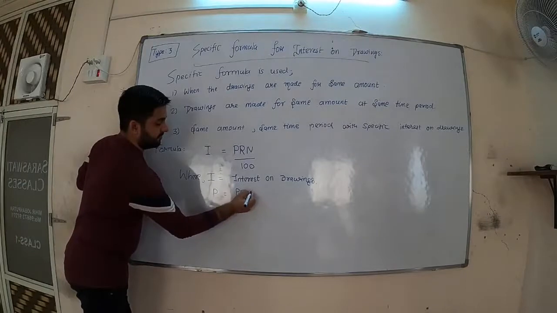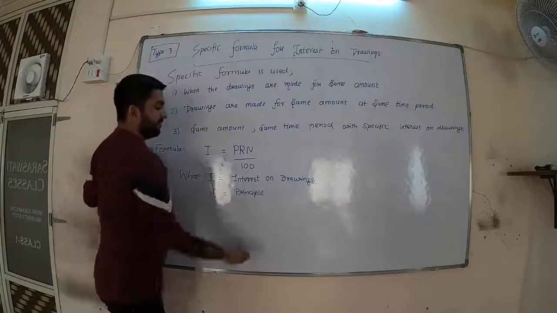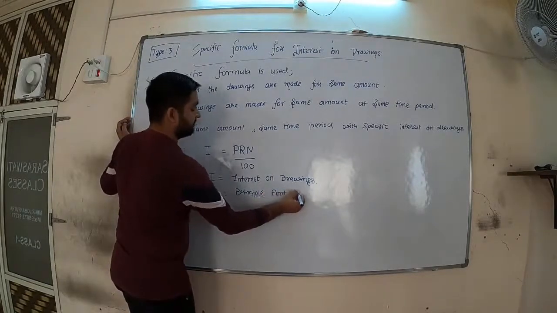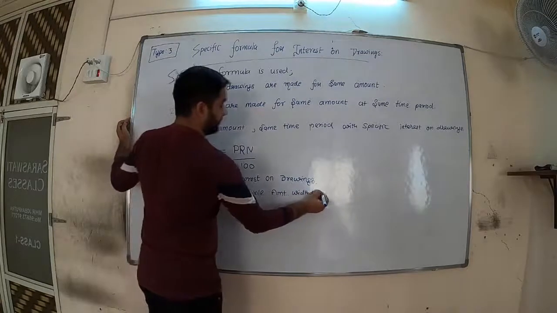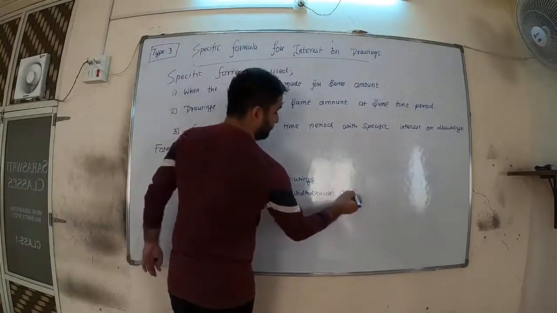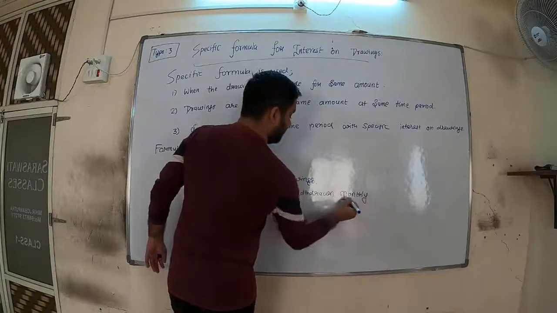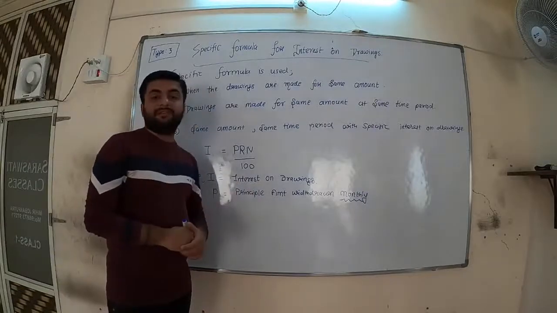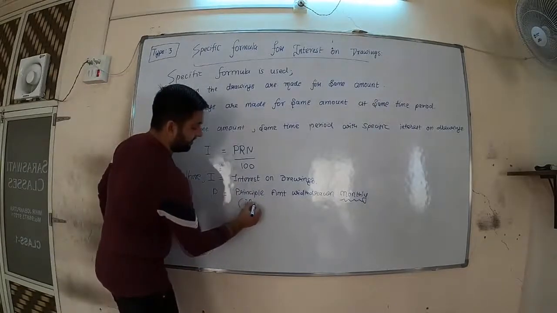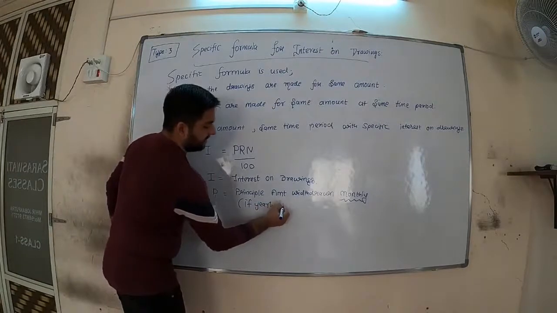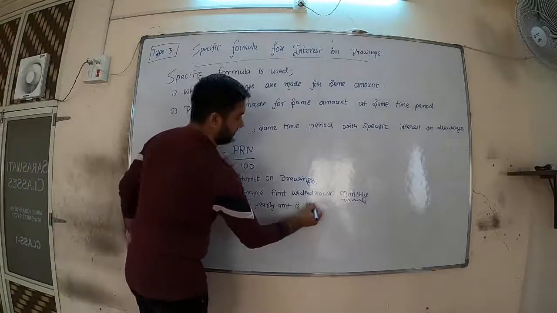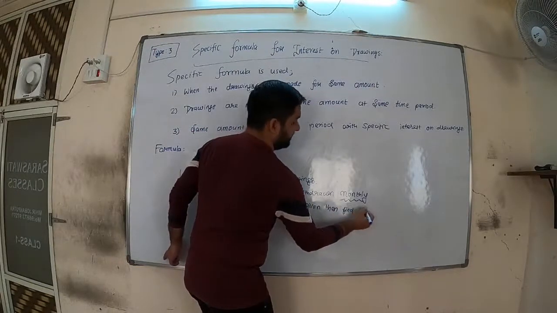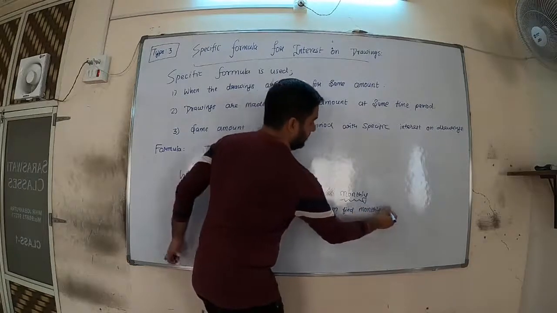P is equals to principal amount withdrawn monthly. Principal amount withdrawn monthly, in bracket, if yearly amount is given, then find monthly amount.